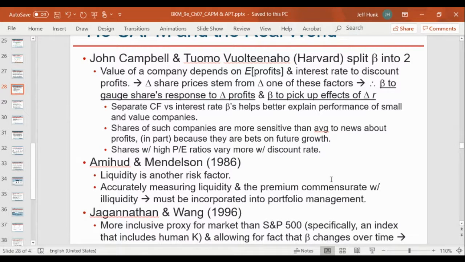Yes, of course. A high P/E ratio means what? These are expensive stocks for their earnings.